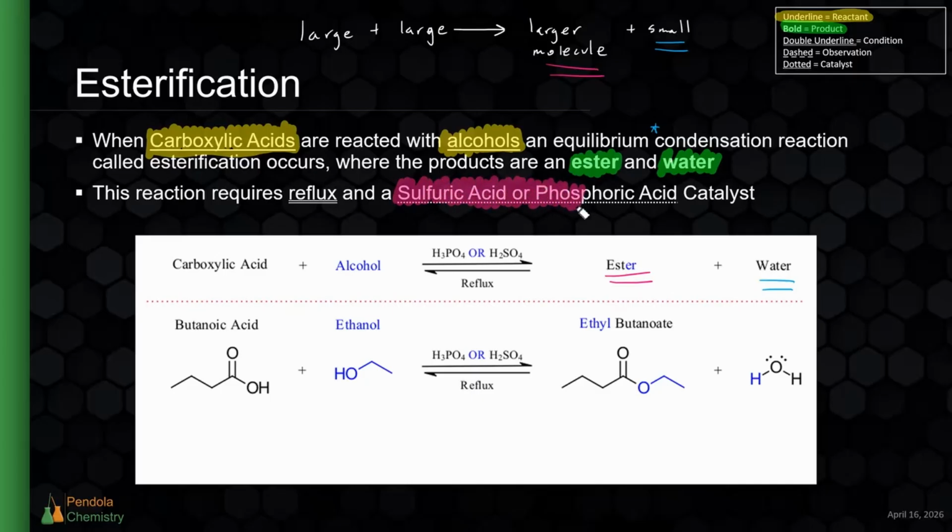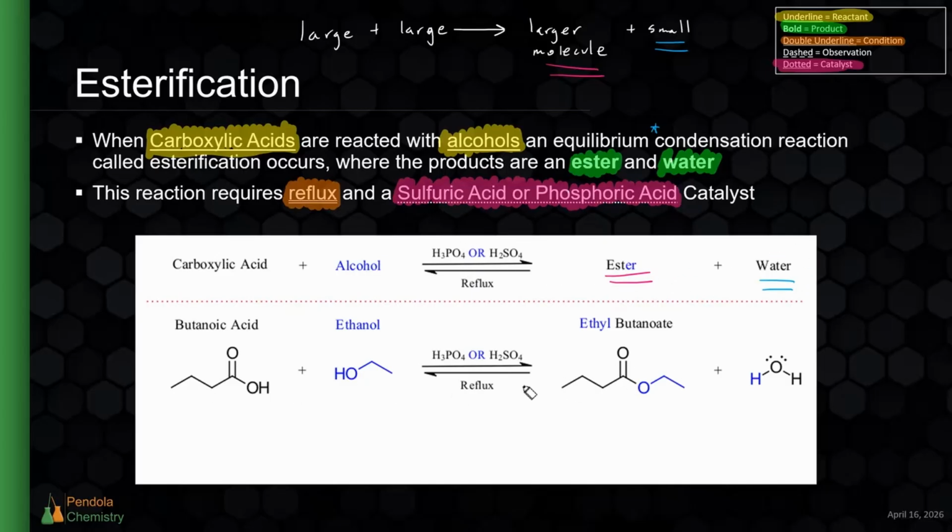So H3PO4 or H2SO4 would need to be present for this reaction to happen quickly enough. So those are our catalysts. And then the special condition that this reaction requires is reflux, meaning that this reaction needs to be heated in order to happen. So when we react the carboxylic acid with an alcohol, we create an ester and water.